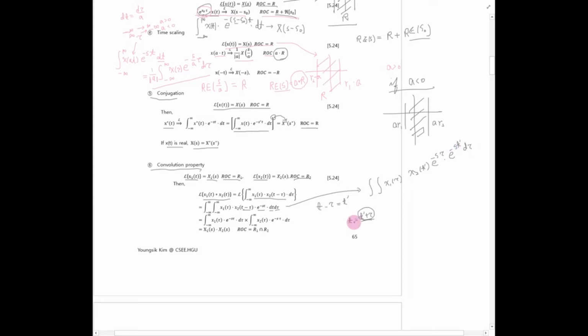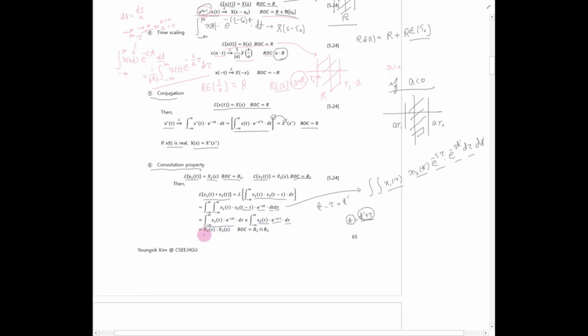Note that dt equals dt prime, so we take the dt prime. Then the tau integration is x1(tau) e to the minus s tau d tau, that's this part. We just replaced t prime with tau; you can still use t prime here. Then x2(t prime) times e to the minus s t prime is this part. We take the integration from minus infinity to infinity like that.